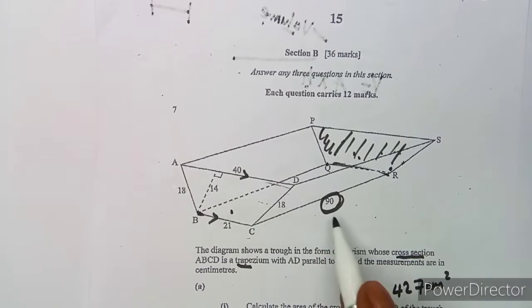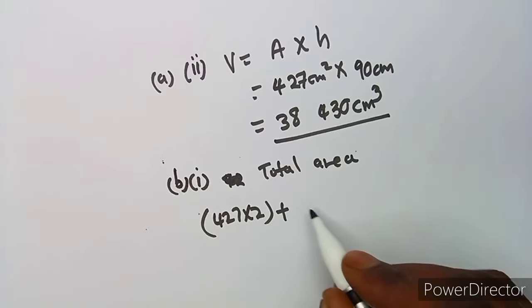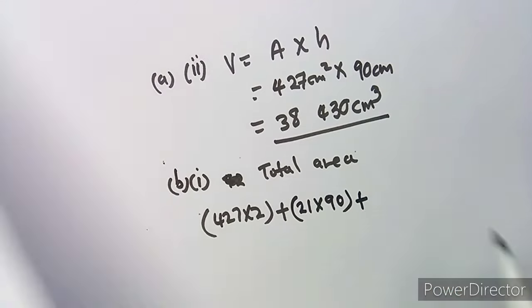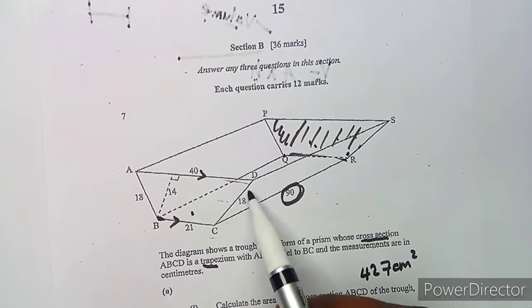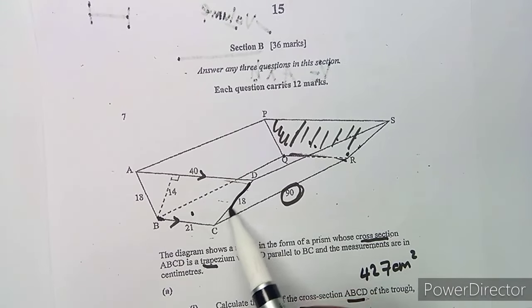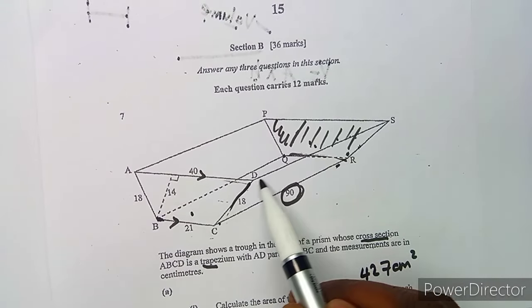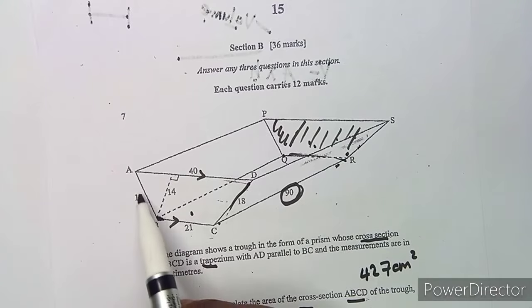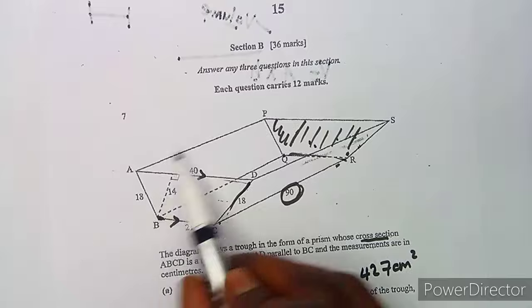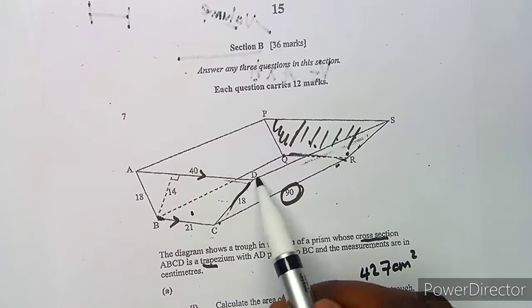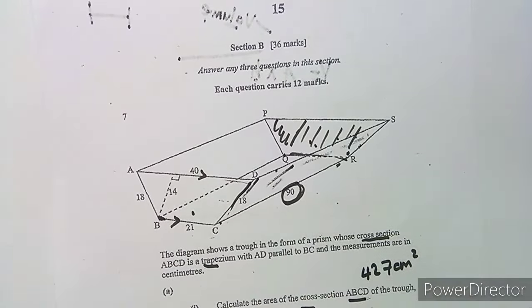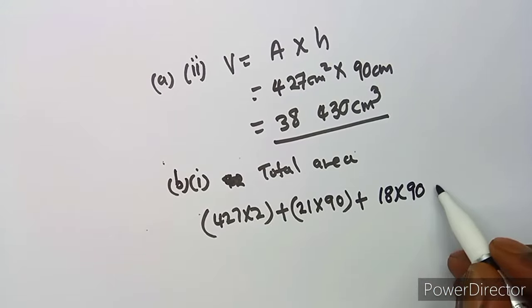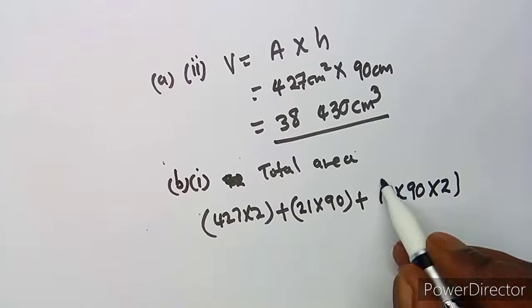So it's 21 times 90, plus, this is only 1. Then this rectangle here of 18 and 90 on the side view, definitely you paint this one, which is the same as the other one. So you've got 18 times 90, which is a rectangle, but there are 2 of them, so you multiply by 2.